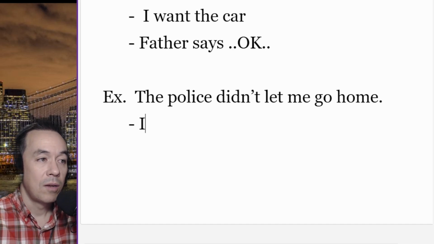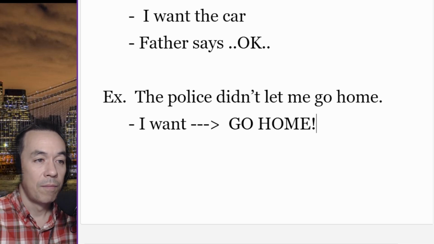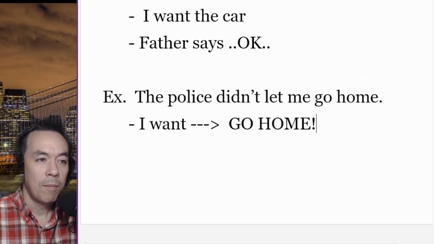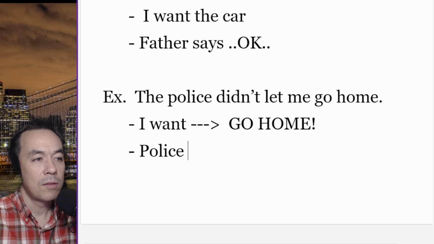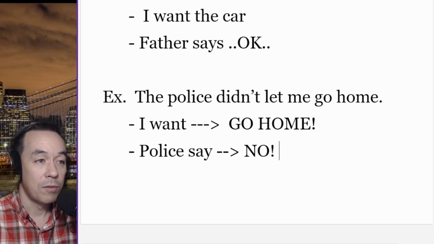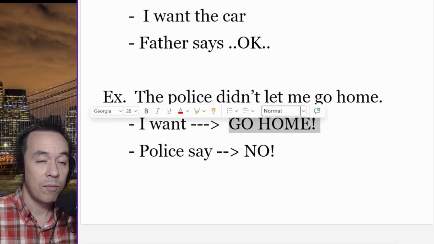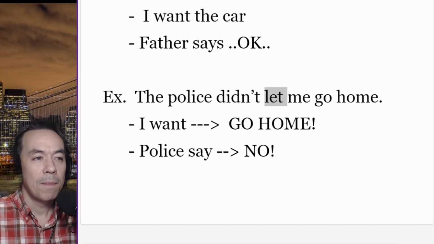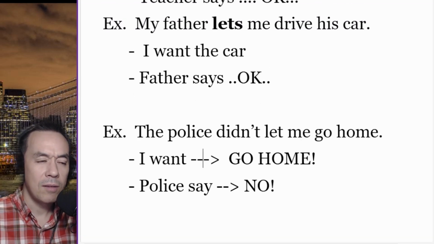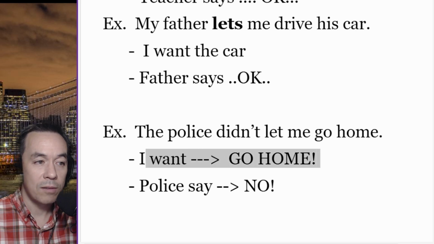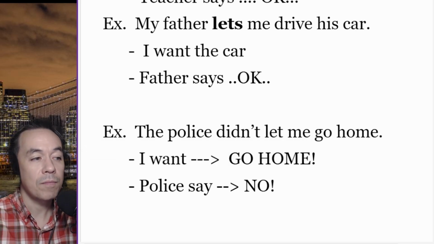But still, I want to go home. That's the thing I want. And then police say no. So they did not give what I wanted. Luckily it's still let, which means that the weaker character wants something. They want to go home.